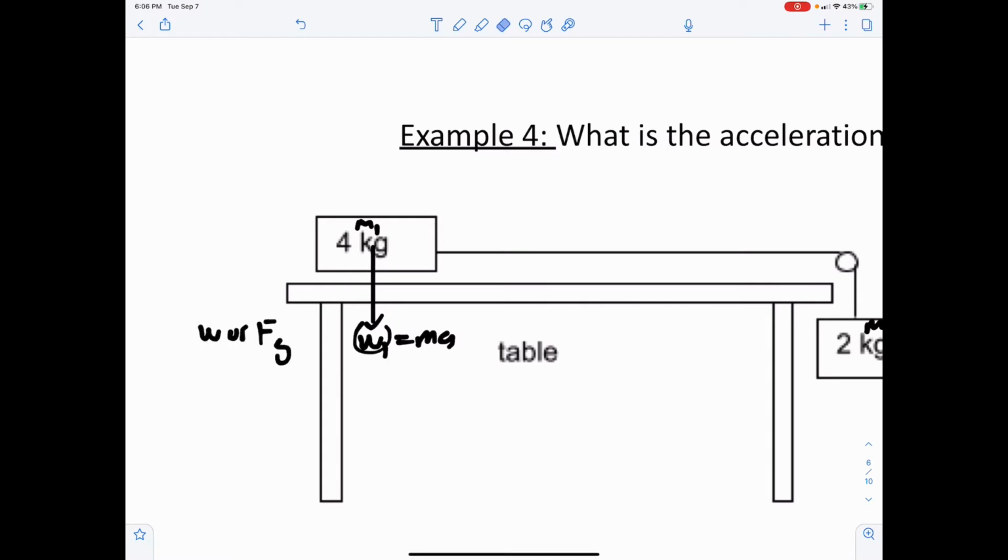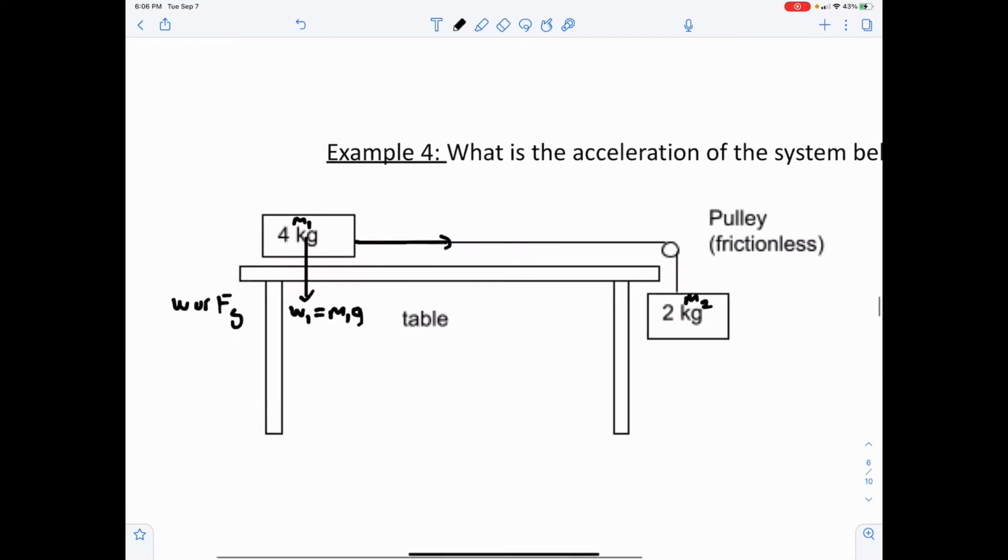So I'm using weight this time around because it's easier to put a subscript. Weight 1 equals m1g. I'm going to have tension pulling this block this way, because once I set this in motion, the acceleration is going to look like this. We're going to have this block accelerate downward, and then we're going to have this block accelerate to the right.